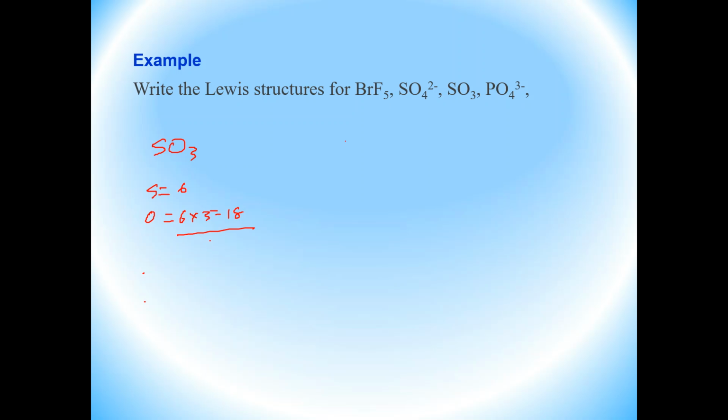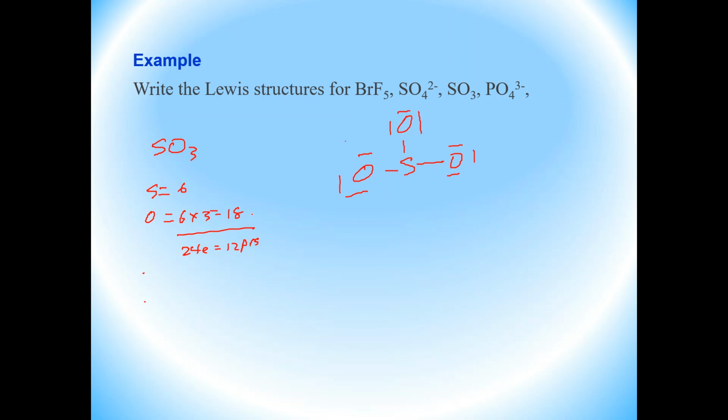So that will give you a grand total of 24 electrons, which is equal to 12 pairs. Then we put the sulfur in the middle, surrounded with the oxygens, and then we put the bonding pairs, 1, 2, 3, then 4, 5, 6, 7, 8, 9, 10, 11, 12 of the non-bonding pairs.